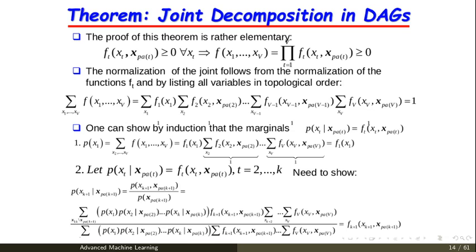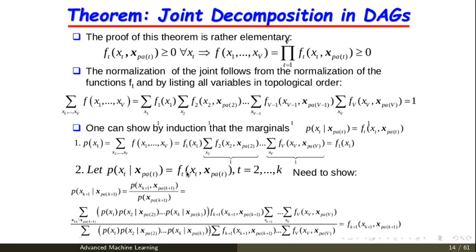I postulate any such function, take the product form, take all the products and form a joint distribution. What I'm going to do here is show that this is equal to that.